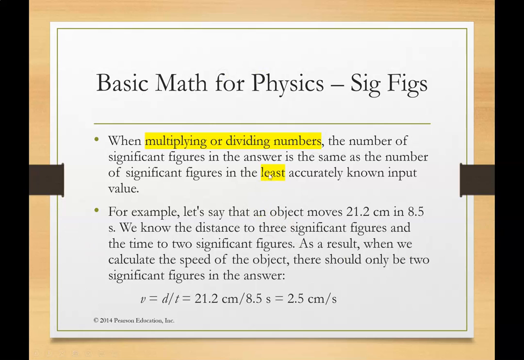So the general rule for multiplying and dividing is that you will take the least number of sig figs for your answer. So for example, if you are going to be using 21.2 divided by 8.5, 21.2 has 3 sig figs. 8.5 has 2. So your answer can only have 2 sig figs.